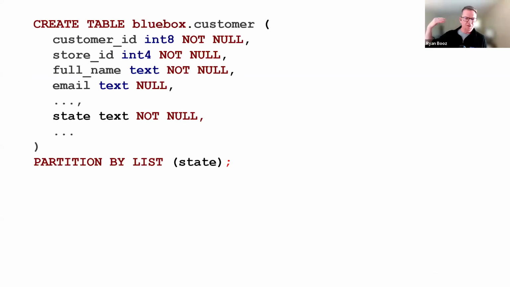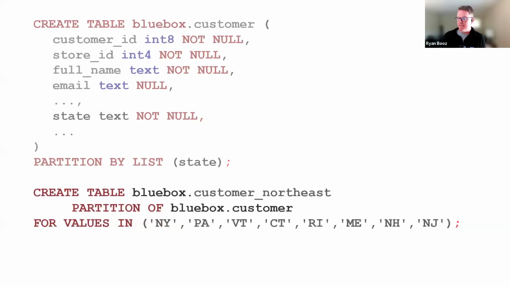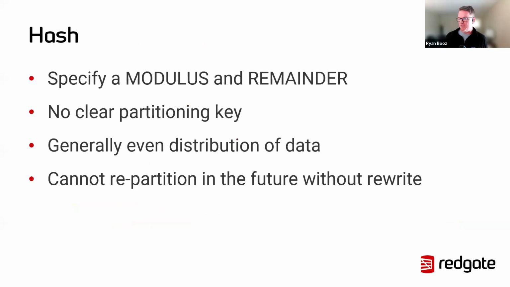In the US, I might have a state column. And so I partition by state, and I have, in this case, a Northeast partition that identifies anyone in these states will be sent to and stored in the partition for those values and only those values. And again, if something comes in that doesn't match any of your partition list values, you'll get an error unless you have that default table. And again, we'll talk about that in just a minute.